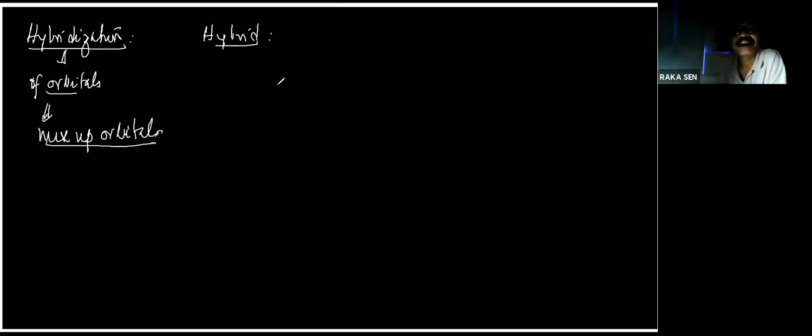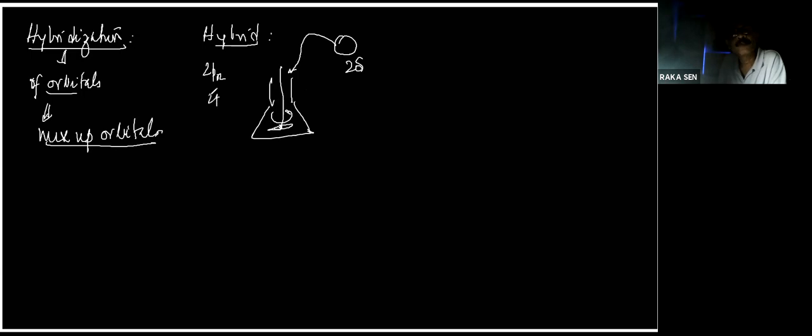Say I have got a grinding machine, and I have got a blade out here, a rotor out here. I have taken the 2s atomic orbital of carbon, put it out here. I have taken 2px, 2py, and 2pz orbital of the carbon and put all these three out here, mixed all these orbitals.